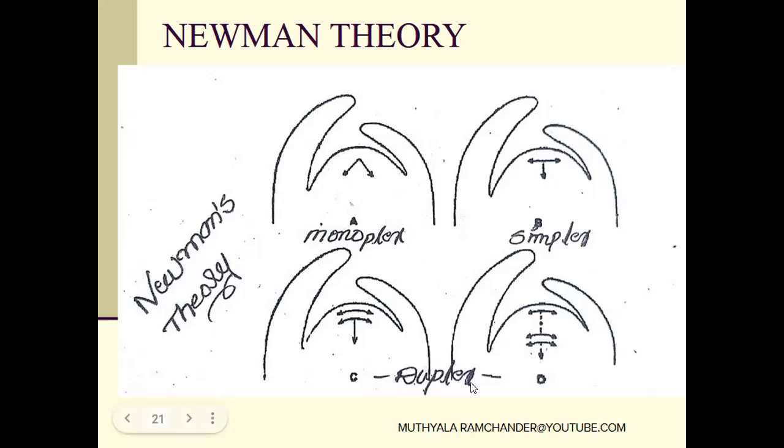The third one is duplex. According to duplex, more than one tier, two tiers or three tiers, of plex tissues are present on the terminal part of the shoot. Here, on the terminal part of the shoot apex, only two tiers of plex tissues are present. Those shoot terminal parts are dicot shoot terminal parts.